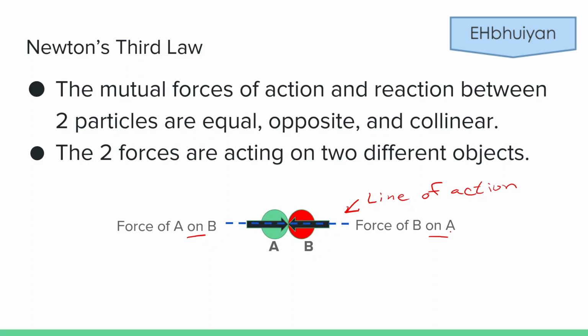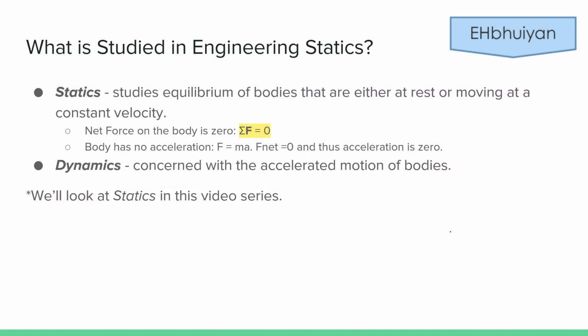Having looked at Newton's third law, let's get into engineering statics. What do we study in engineering statics? Statics studies equilibrium of bodies that are either at rest or moving at a constant velocity. The net force on the body is equal to 0.